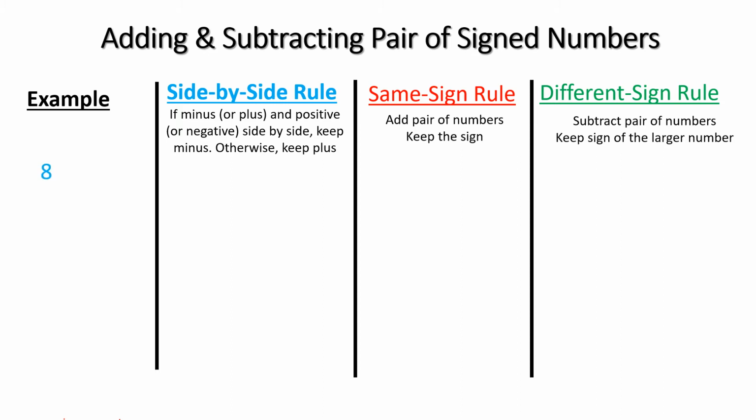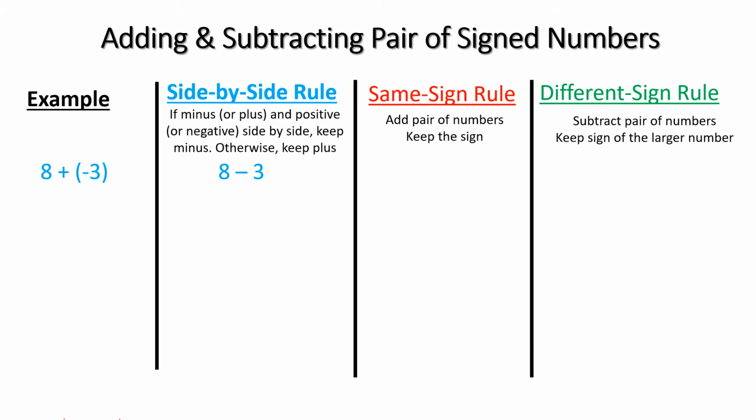An example is the case of 8 plus negative 3. What we're going to do here is look at whether the side by side rule applies. In this case we have a plus and negative side by side, so the first column, the side by side rule, applies, and that means we're going to have 8 minus 3, because the plus and the negative sign are standing side by side, so that changes to minus.